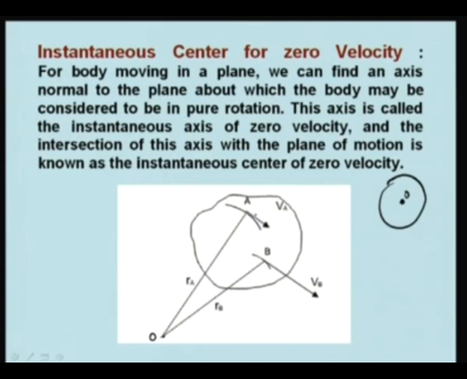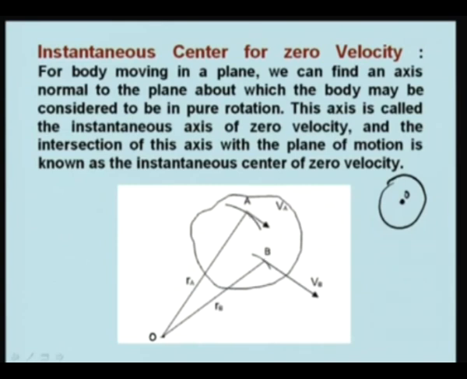Now, this gives us a clue to find the instantaneous center of rotation. If you know that a body is moving and particle A has velocity VA, draw VA here. Similarly, particle B has velocity VB, draw and show the velocity VB.